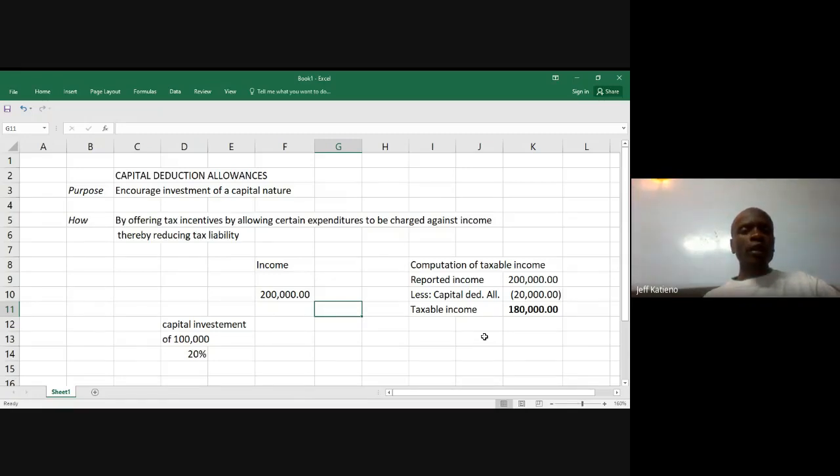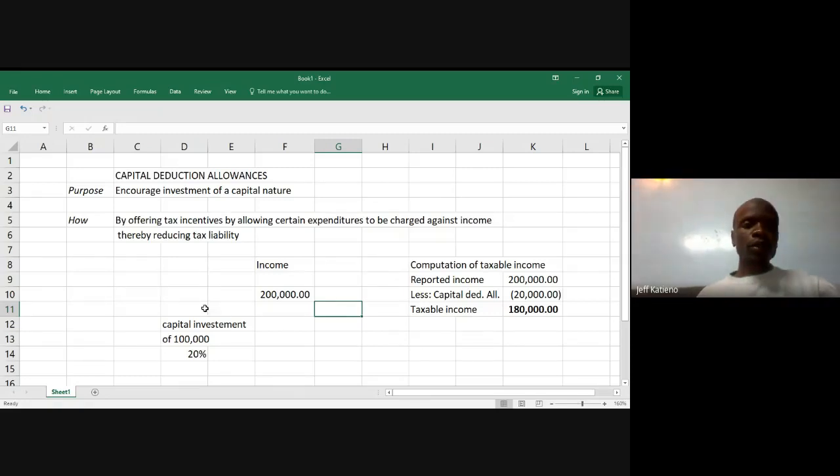Let me say you have a mining company; you can just imagine the total amount of capital expenditure will be huge. But they don't shy away from investment because they know they can use this incentive to lessen their tax liabilities. That is how the tax incentive works.